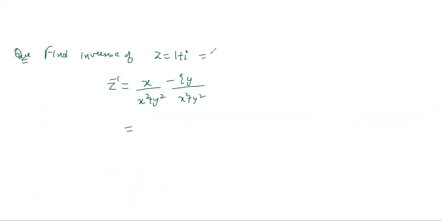So what is x? If you compare this number with x plus iy, x is 1, y is also 1. So 1 plus 1 will make it 2. So 1 by 2 minus, so this is basically 1 minus i by 2. That is going to be the z inverse.